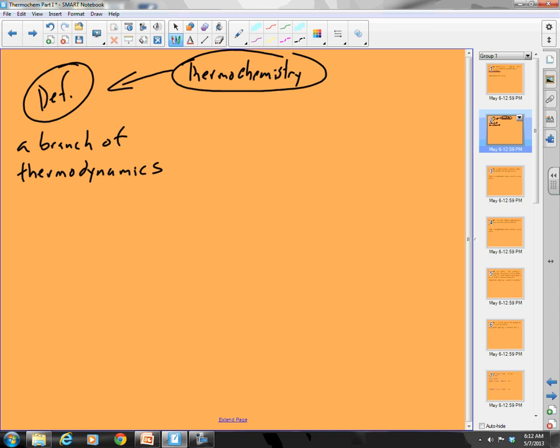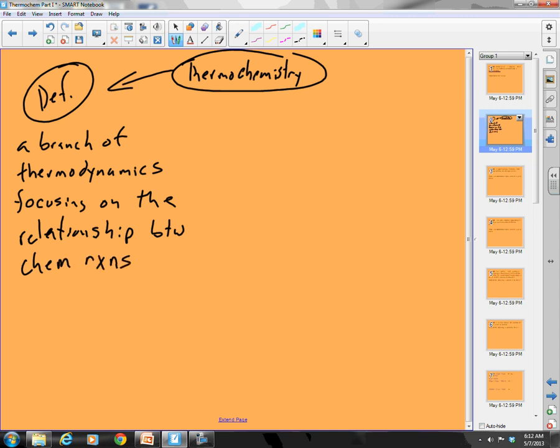A branch of thermodynamics focusing on the relationship between chemical reactions, okay, we know what that is, and energy changes involving heat.